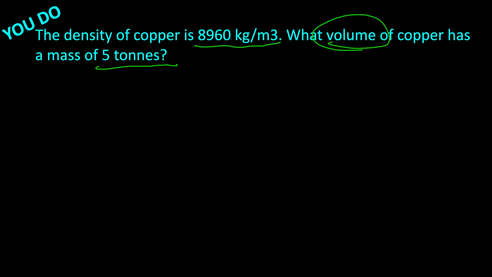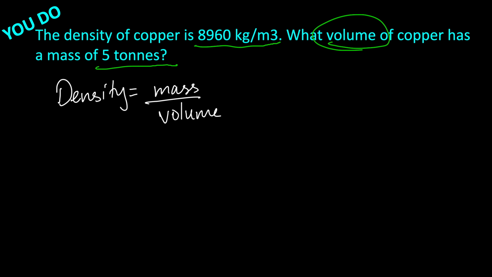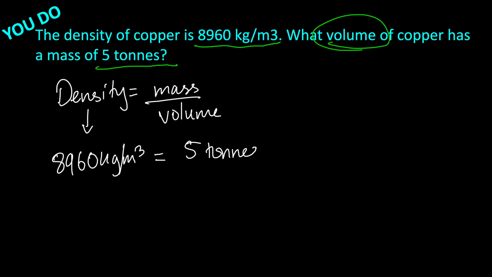So the first step, as we know, is to write the equation. Next, we're going to substitute from our question into this equation. Density is 8,960 kilogram per meter cubed. Our mass is 5 tons. And our volume is unknown. We'll leave that as V.